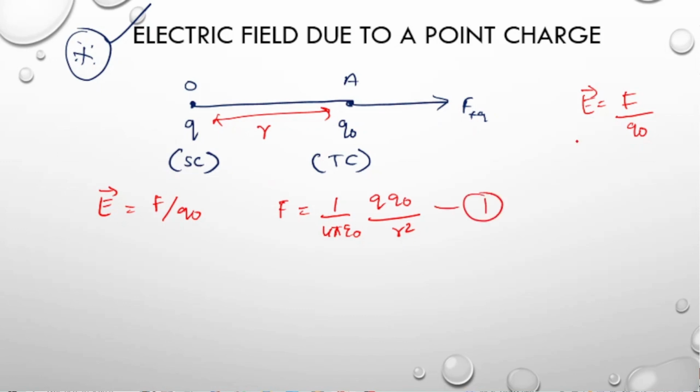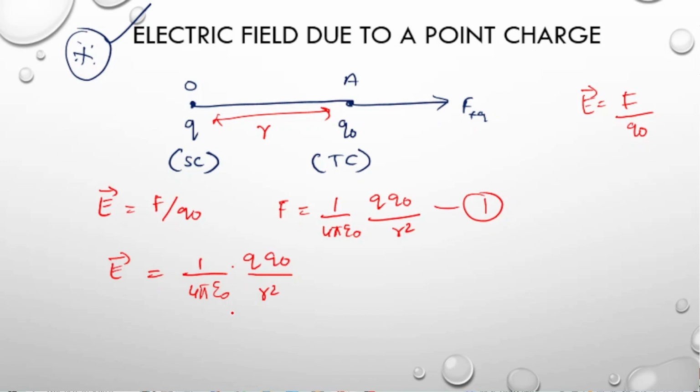So now your electric field will be equal to force, this particular value, 1 by 4 pi epsilon naught into Q q naught by r square. I have to divide the entire term by q naught. So this q naught and this q naught will get cancelled.